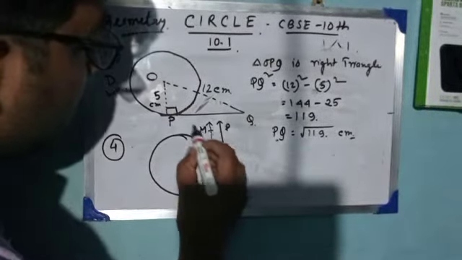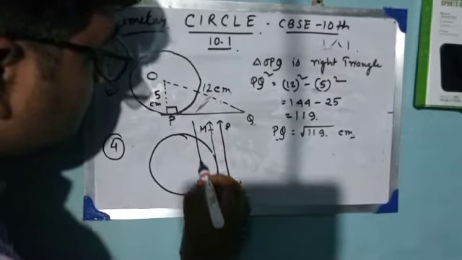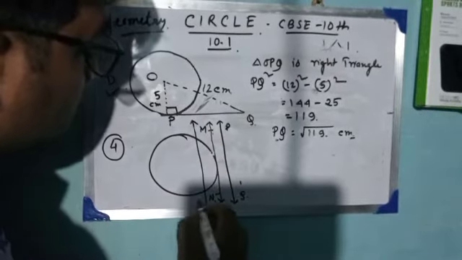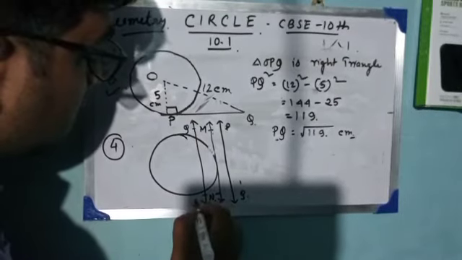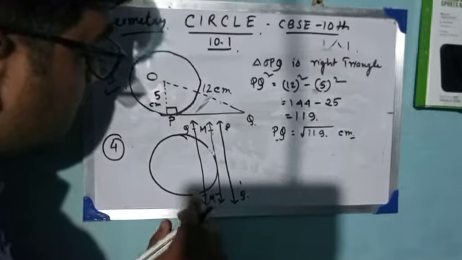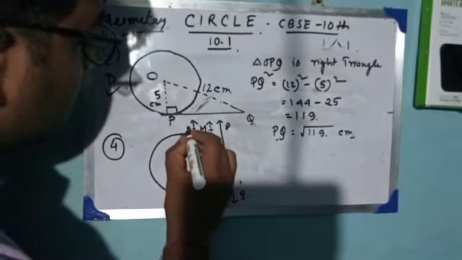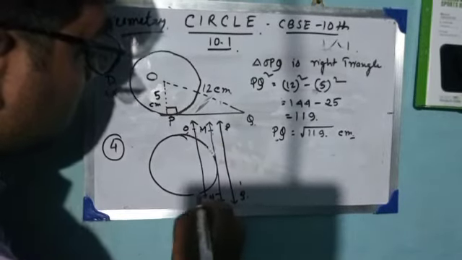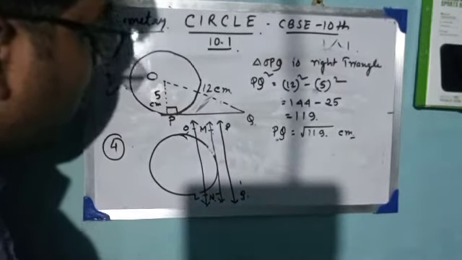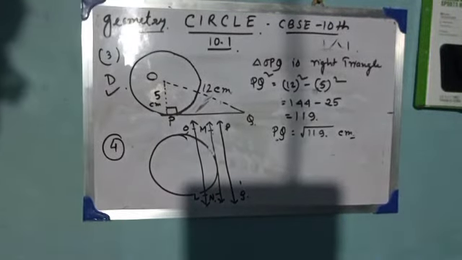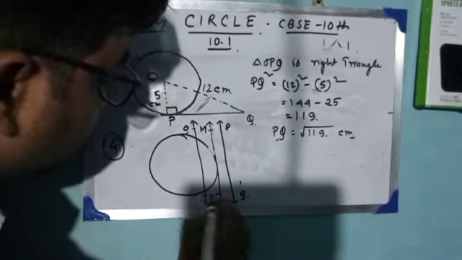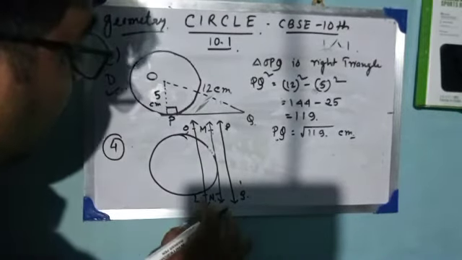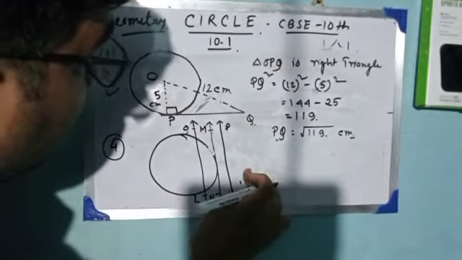Again I am drawing OL, and OL is a secant to the circle and parallel to PQ.